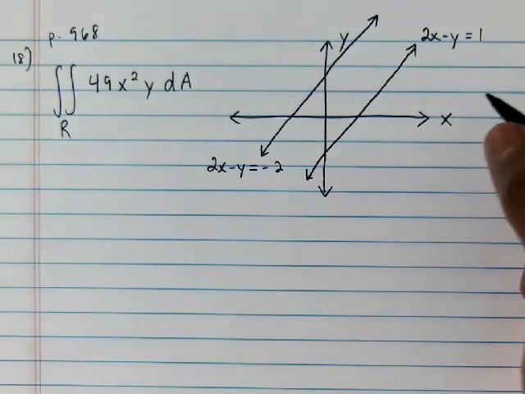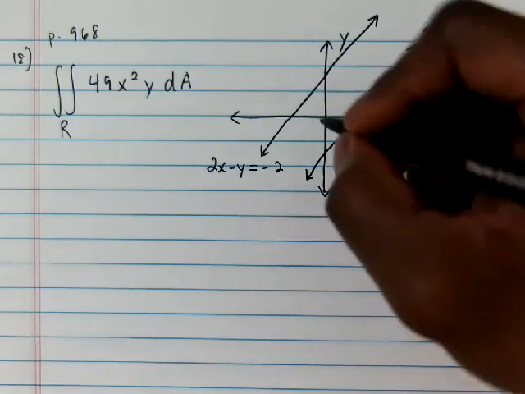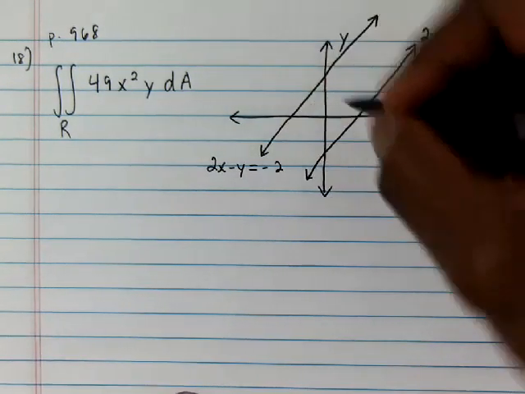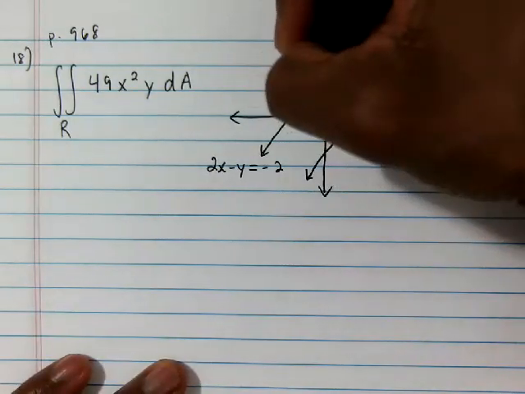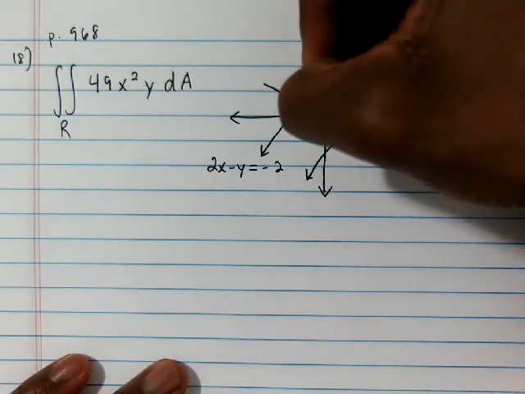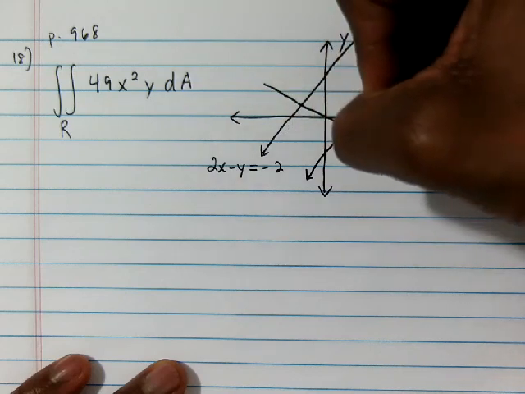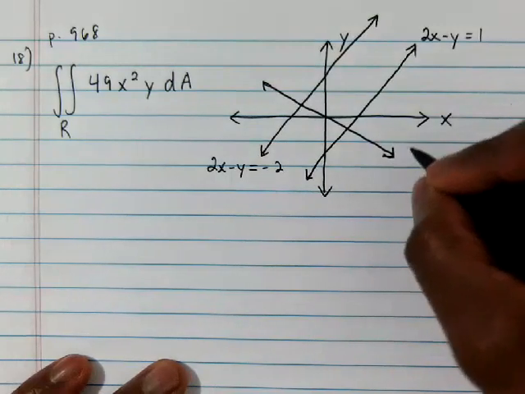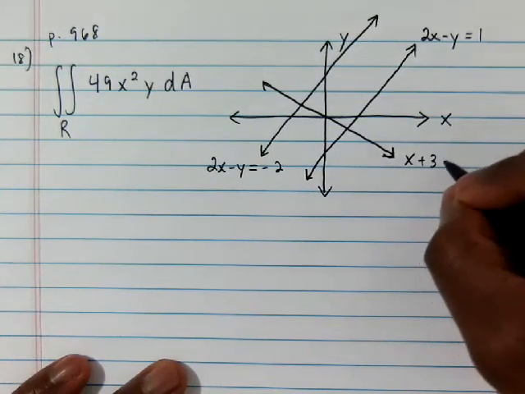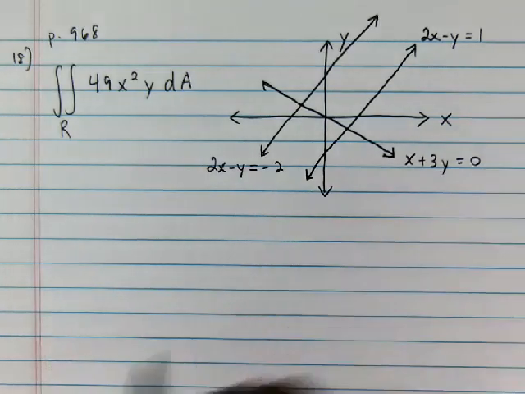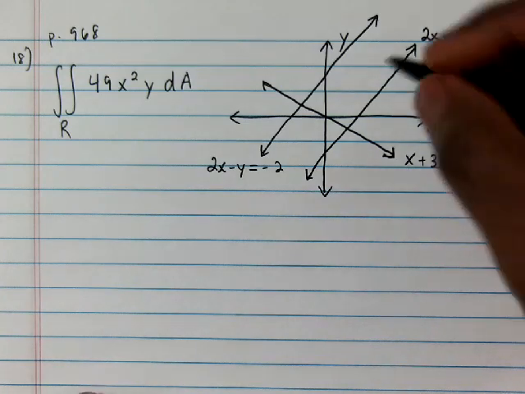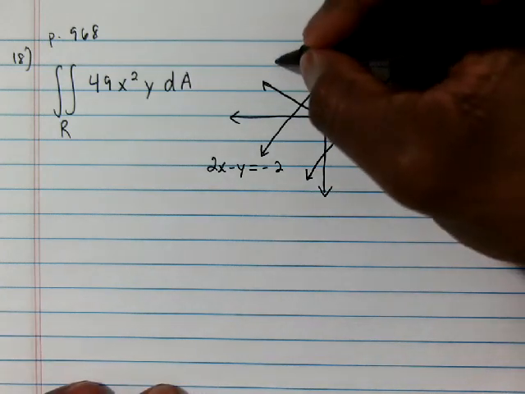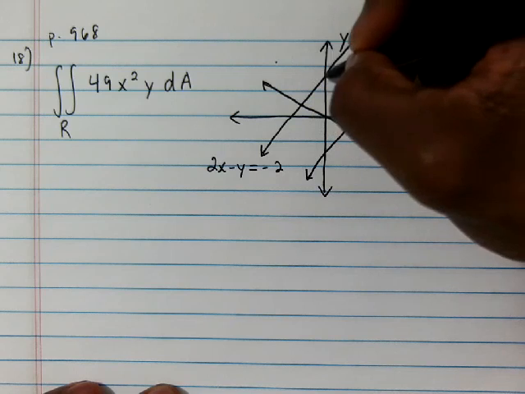And then we have x plus 3y equals 0, and x plus 3y equals 1.